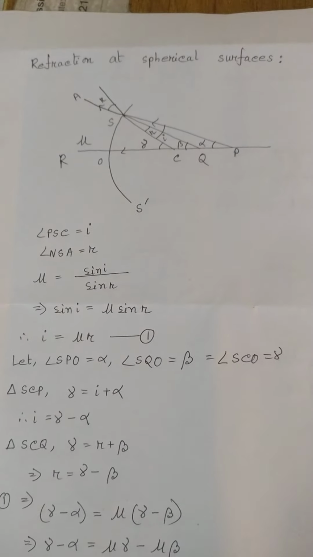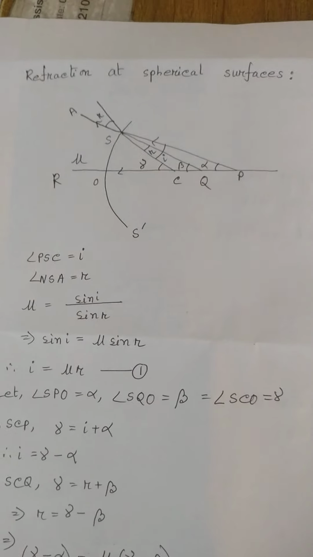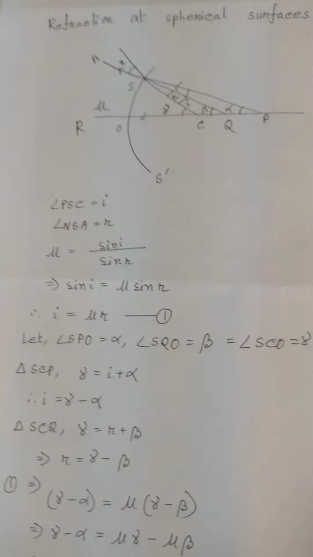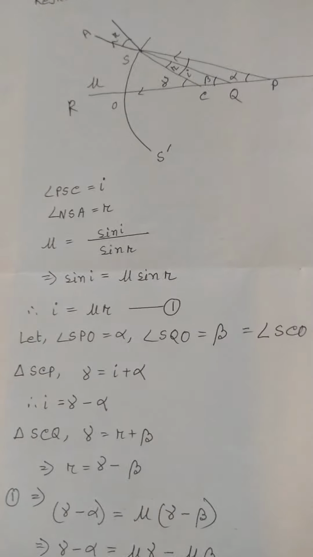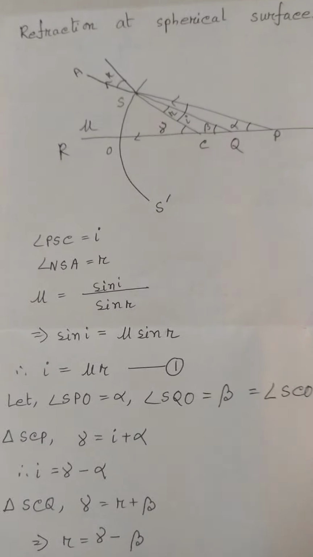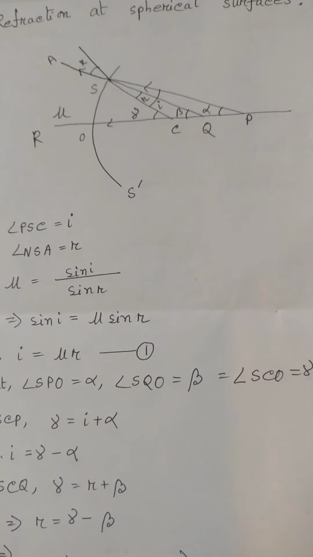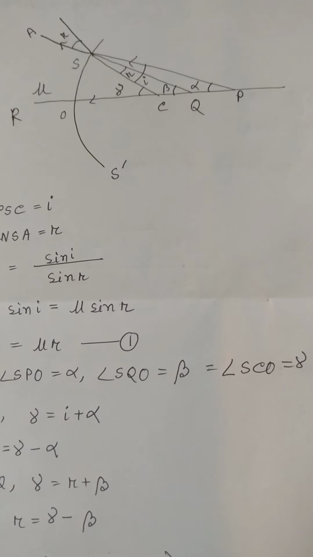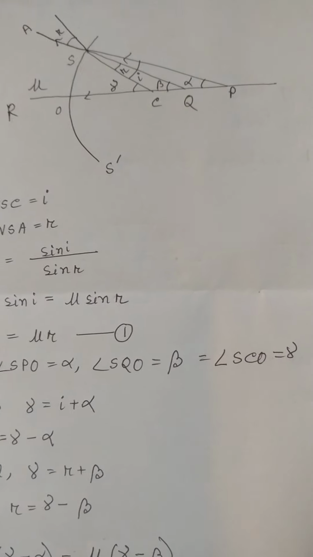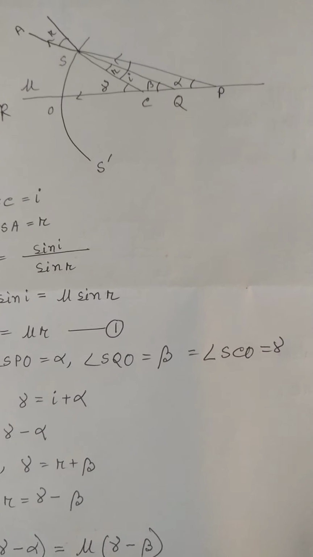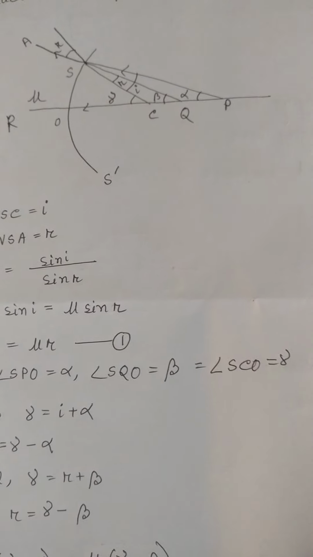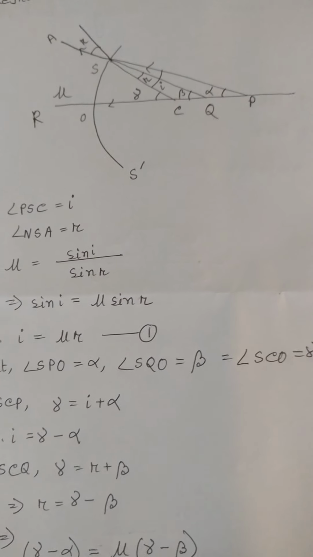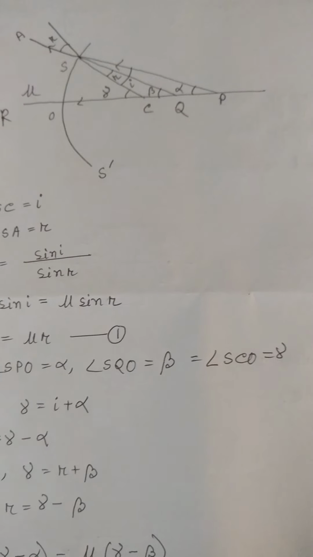Refraction at spherical surfaces, most important. How does refraction occur on spherical surfaces? In the figure, you see that a concave spherical surface SOS prime separates air and a medium of refractive index mu.